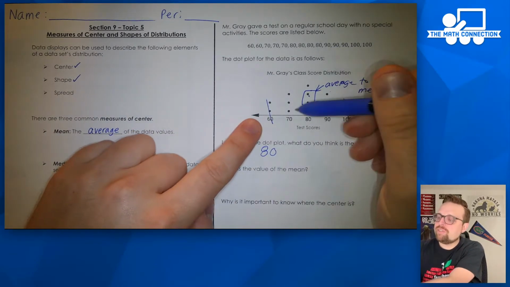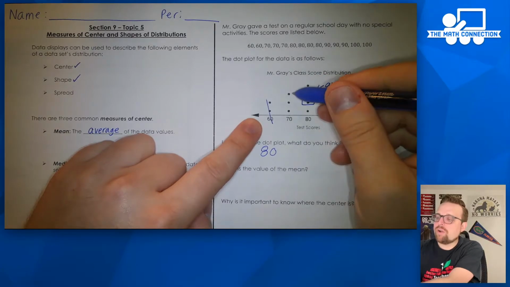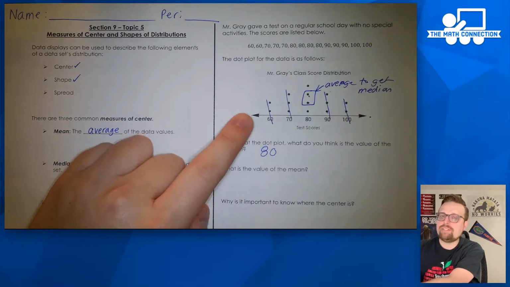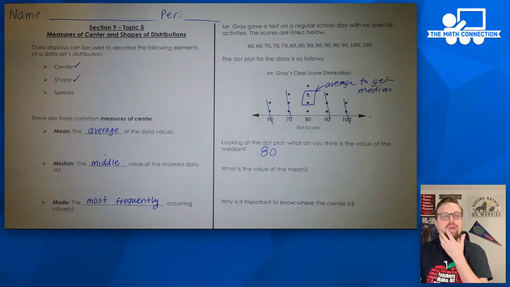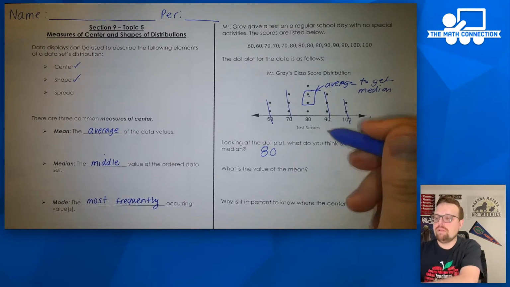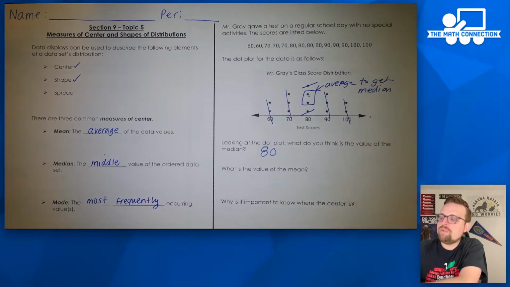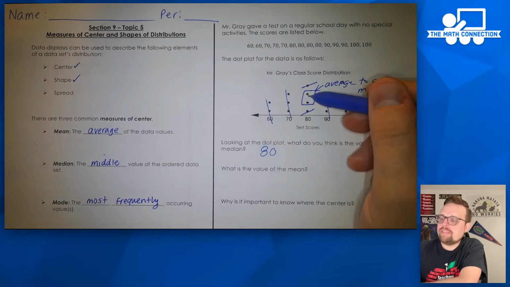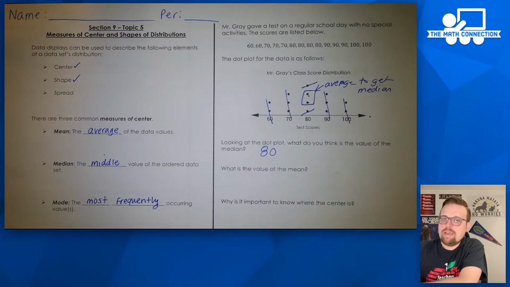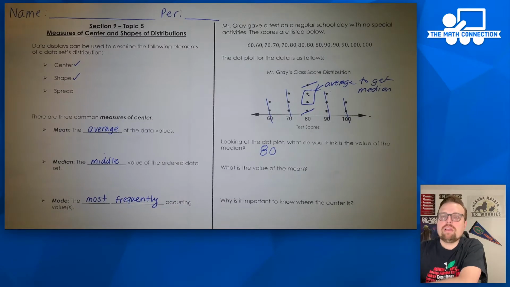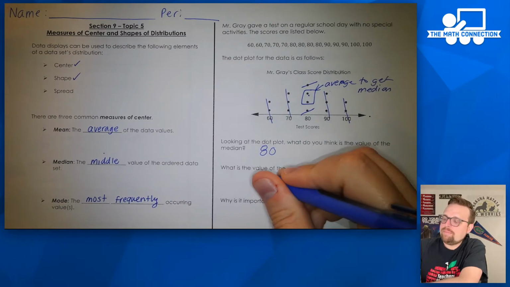The same thing is true for 70 and 90. You could just cross these out because there's 3 and 3 of each of those, so they cancel each other out in terms of their distance from the middle. And then finally, you have this point and this point you can cancel, and all you have left is going to be 80 and 80. If you average those together, you're going to get 80 for the mean.